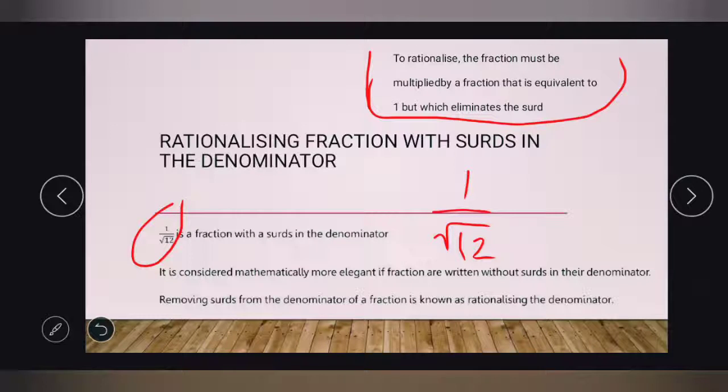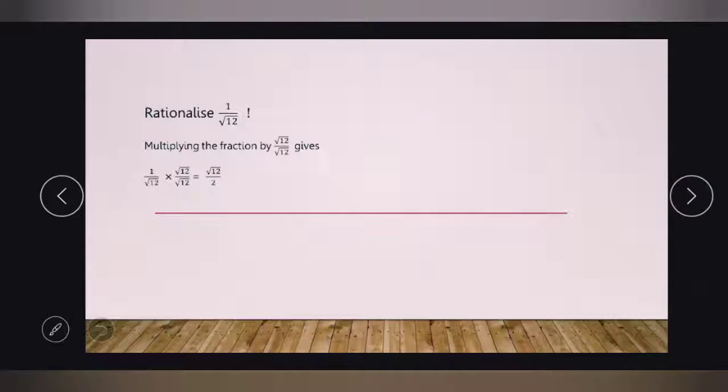So, we must eliminate the square root of 12. This is explained in the question: rationalize 1 over the square root of 12.